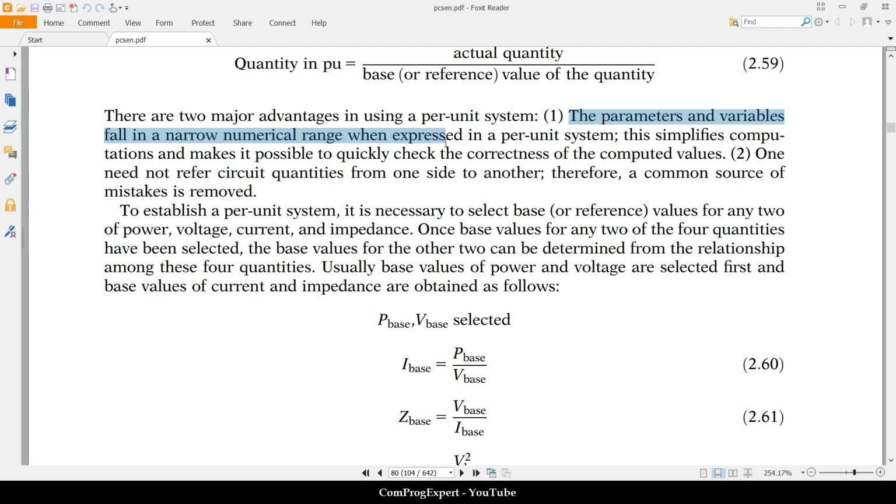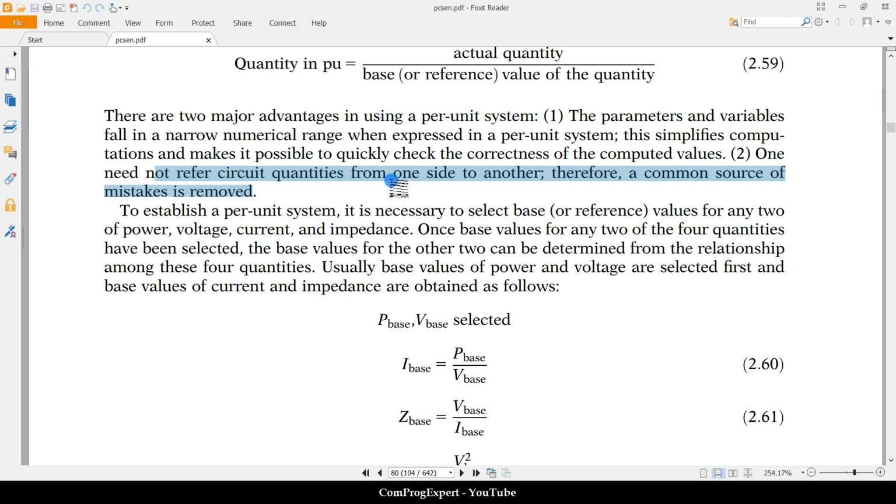When expressed in a per unit system, this simplifies computations and makes it possible to quickly check the correctness of the computed values. 2. One need not refer circuit quantities from one side to another. Therefore, a common source of mistakes is removed.